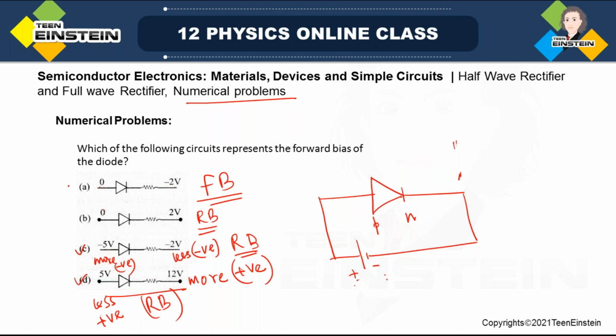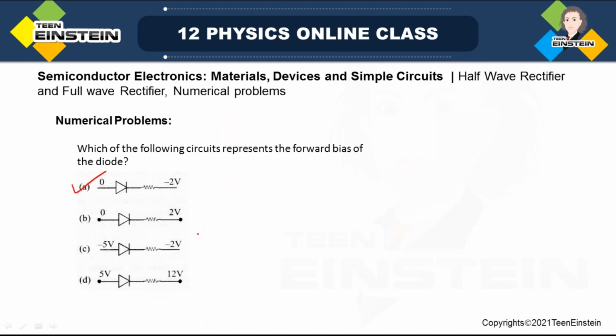So the correct answer is this one, because P is at 0, which is at higher potential than the N side. That's why it is forward bias.